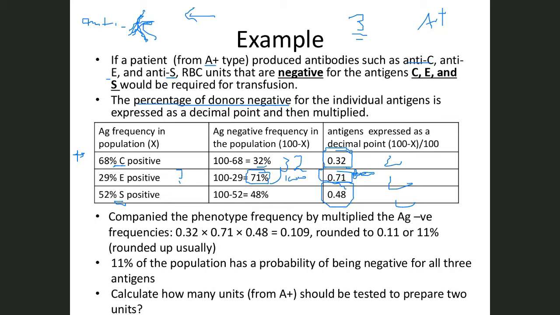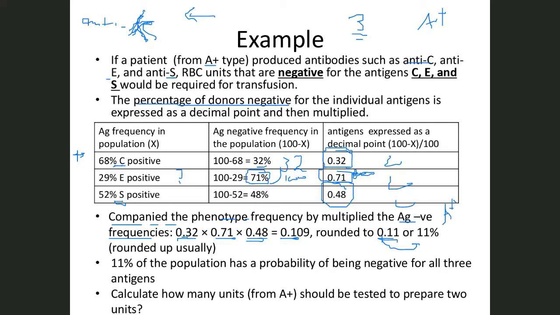So we want donors lacking all these antigens. So we have to combine the frequencies, multiplying the antigen-negative frequencies. So here we multiply them. It will give me a number, I will round it up. Which means around 11% of my population, from the A positive population, will lack all of these antigens.